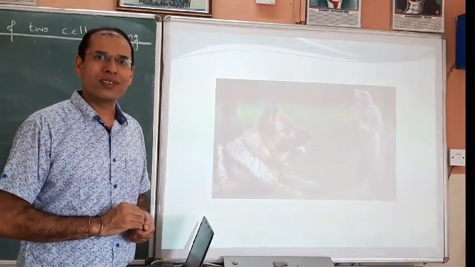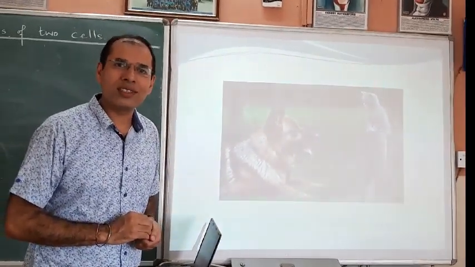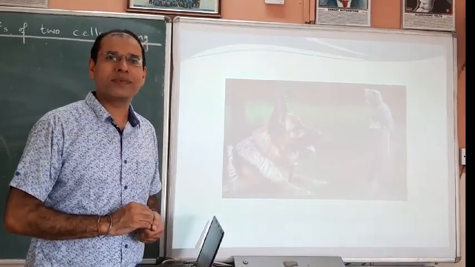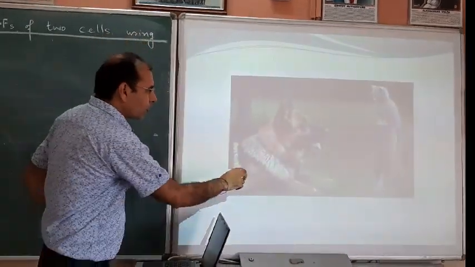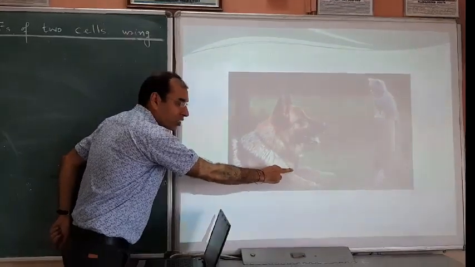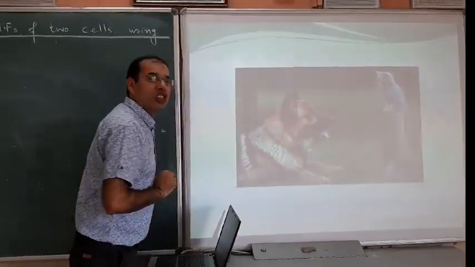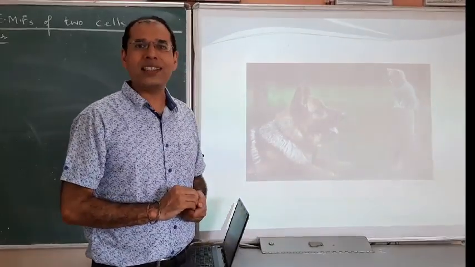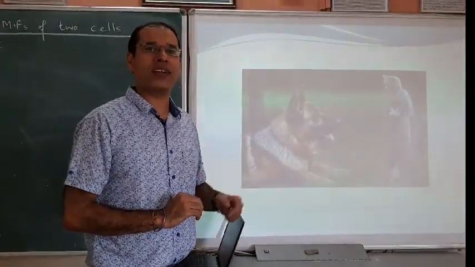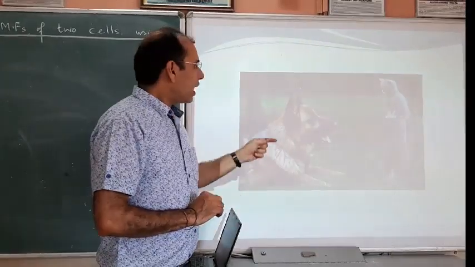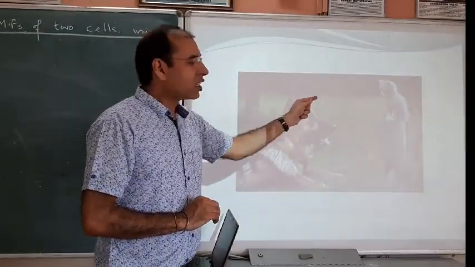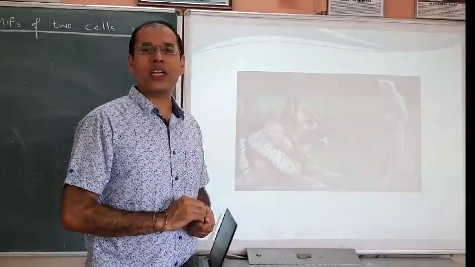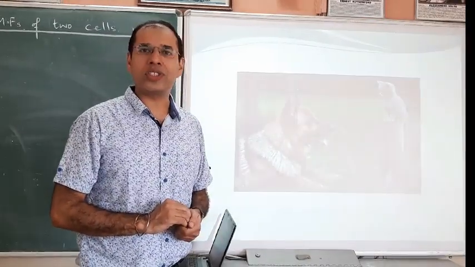No. Even a small kitten is not that ignorant. If you look at this very carefully, you can see the German Shepherd is tied up to something and the kitten is aware of this fact. That is the reason the kitten is sitting so confidently, looking into the eyes of the German Shepherd.